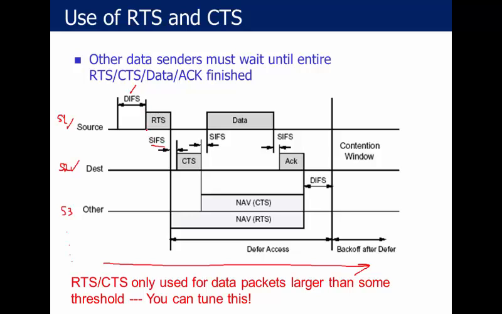And if this is my time, I want to talk to the destination, whatever station it is, then send the RTS if it is my time. And also, I am maintaining NAV, network allocation vector.